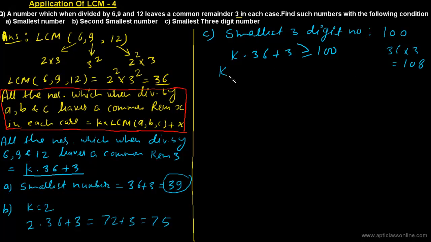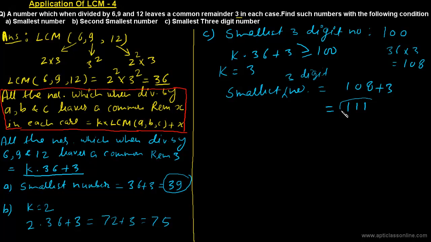So if we put the value of k as 3, we get the smallest 3-digit number with this condition, which is 108 plus 3, that is 111. So 111 is the smallest 3-digit number which when divided by 6, 9 and 12 will leave a common remainder 3 in each case. That is the answer.